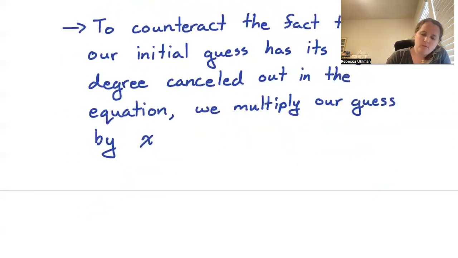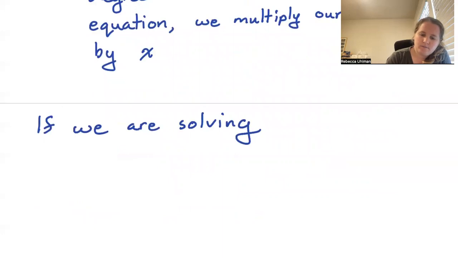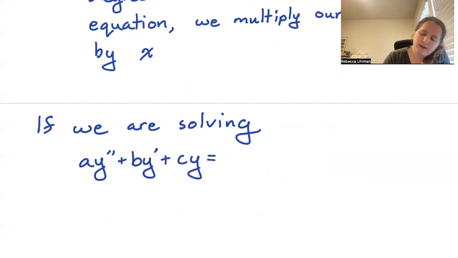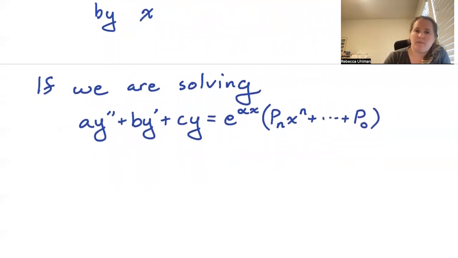Okay, let's summarize. So if we are solving the equation ay double prime plus by prime plus cy equals e to the alpha x times pn x to the n plus all the way down to p0, then we have a few cases.